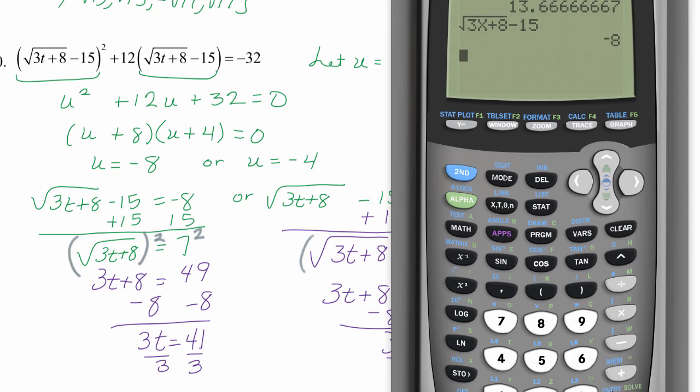So that number is negative 8. Okay. So then I have negative 8 squared plus 12 times negative 8, on the left-hand side. And I want to see if I get a negative 32. So let's see. So that checks.